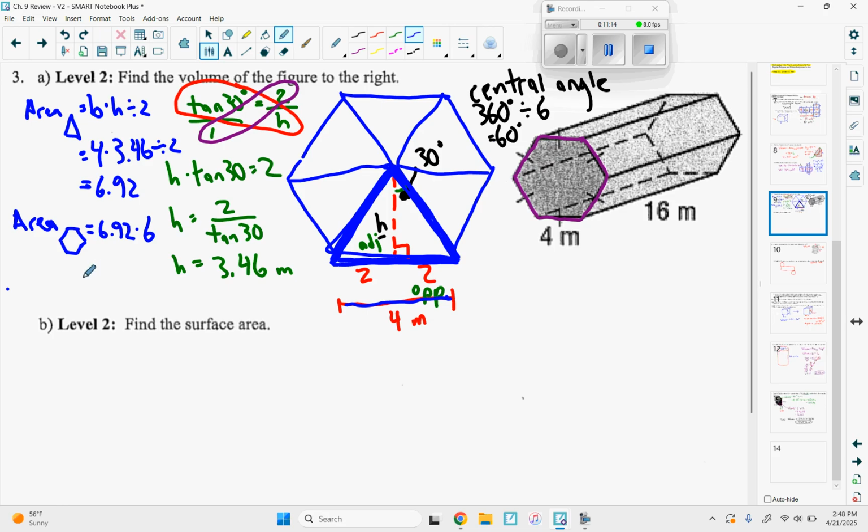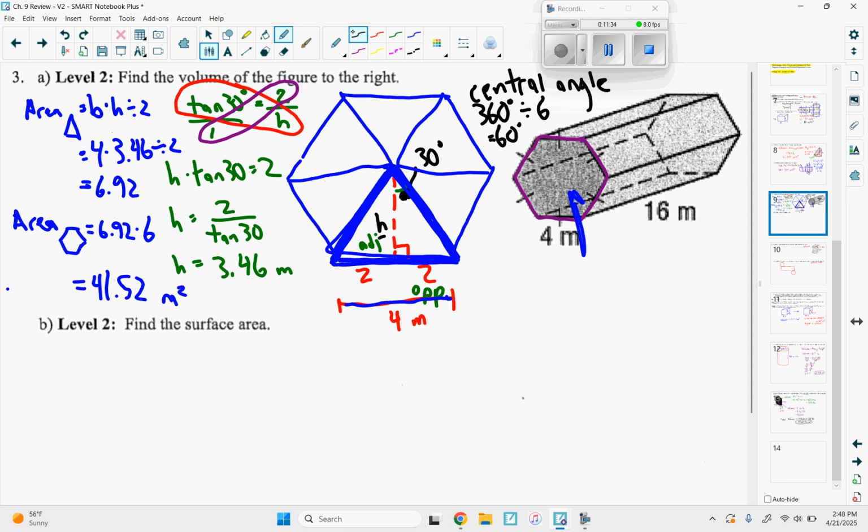And so the area of my hexagon, the base of this prism, has an area of 41.52 meters squared.